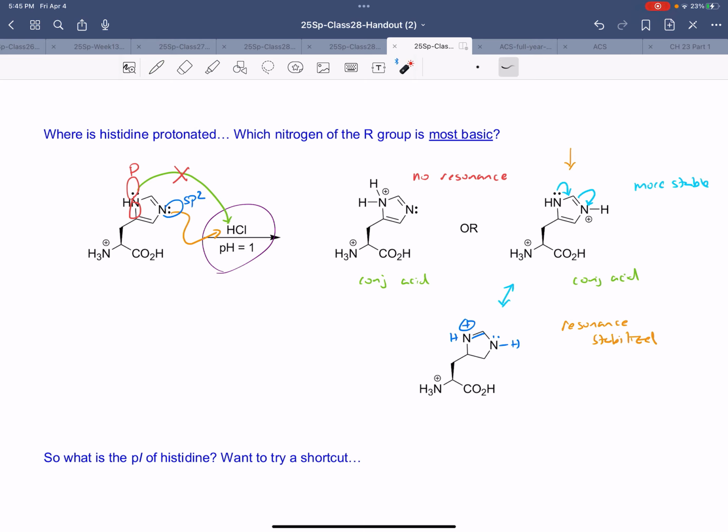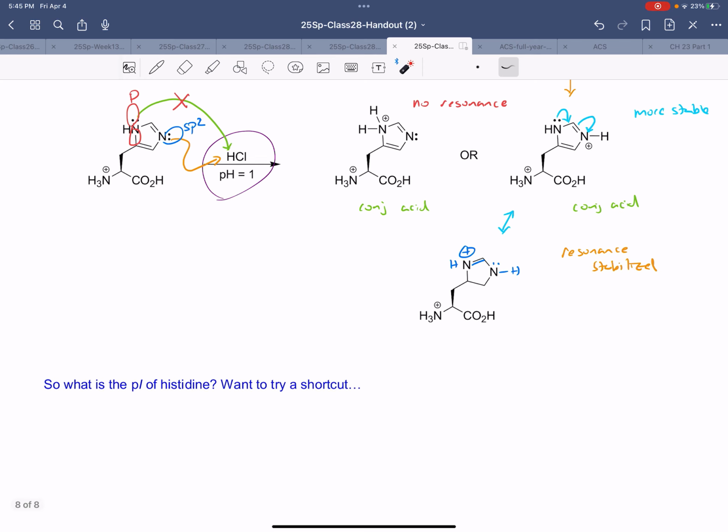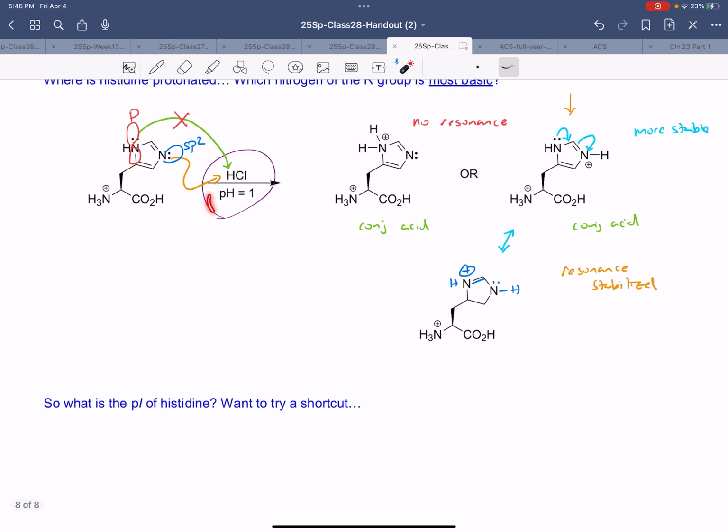Do you see how the charge was delocalized here? It went from here to this nitrogen. So that's great. Resonance delocalized the charge. It's more likely to protonate at this position here. I don't want to belabor the point, but at pH 1, you could either draw this. You should draw this. Or you could draw this. I can't take off points for that, but this is your initial drawing up here.